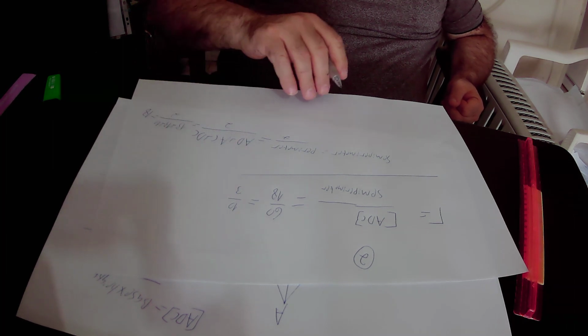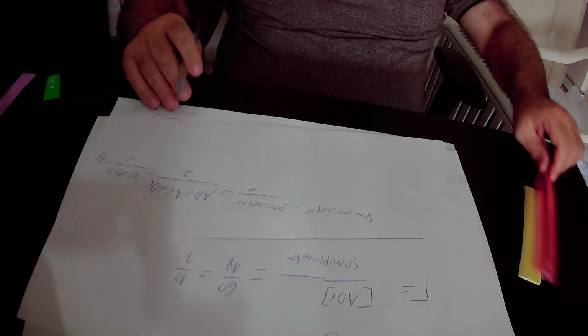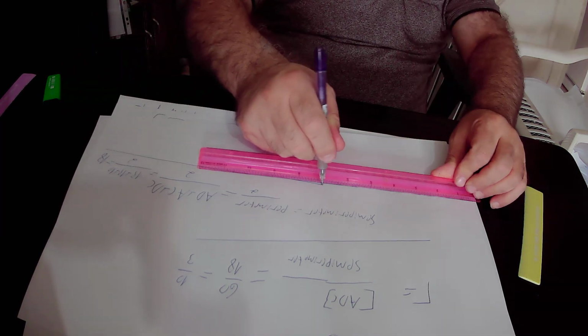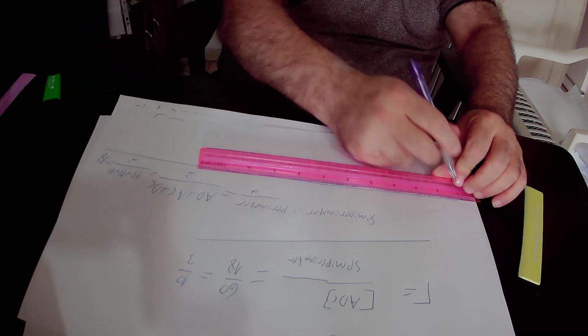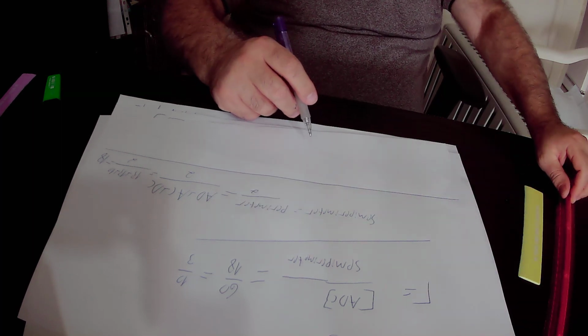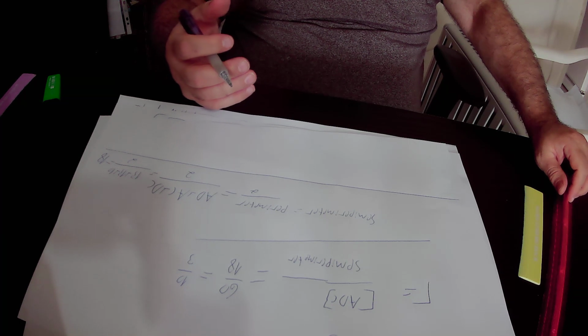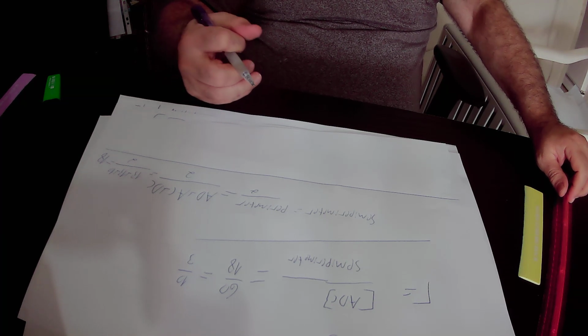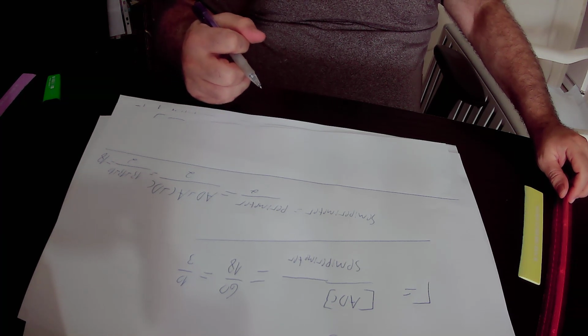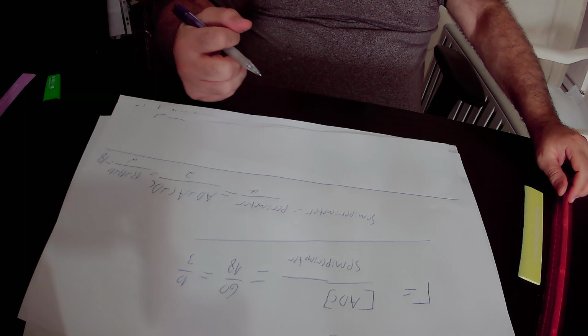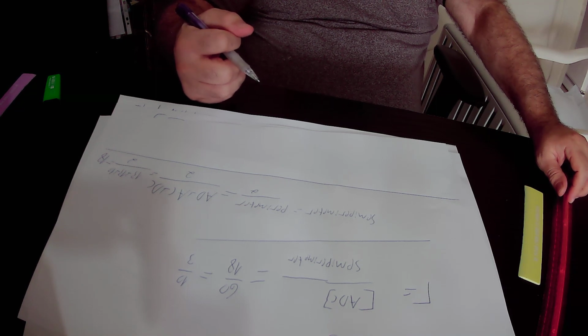So we found out that the radius of the circle equals 10 over 3. That is also the radius of the semicircle, because the circle is composed of two semicircles. Therefore, the radius of the circle is also the radius of the semicircle.